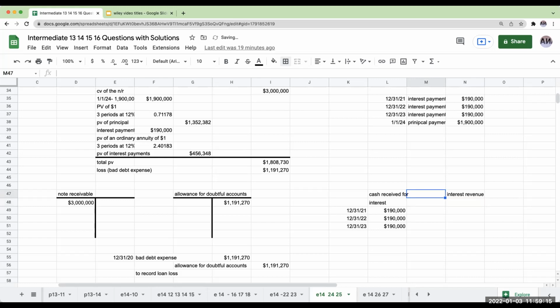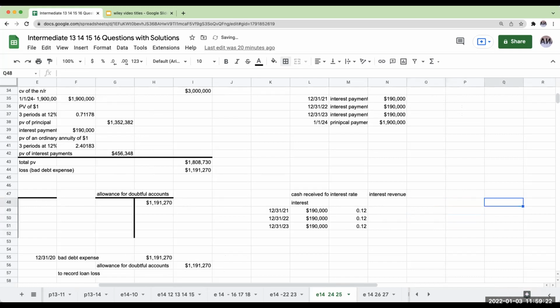The interest rate I'm going to be using is the one I use to discount those dollars back. But to figure out the interest revenue, I need to figure out the carrying value of the note receivable.